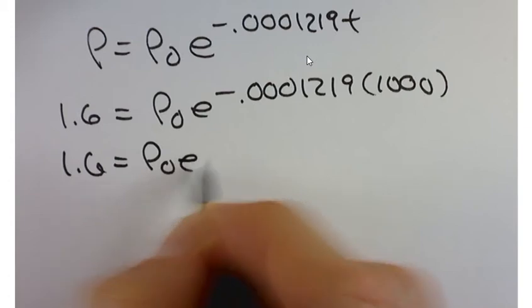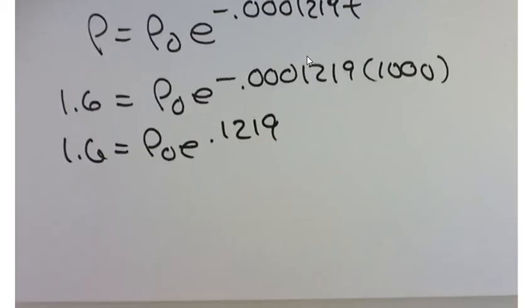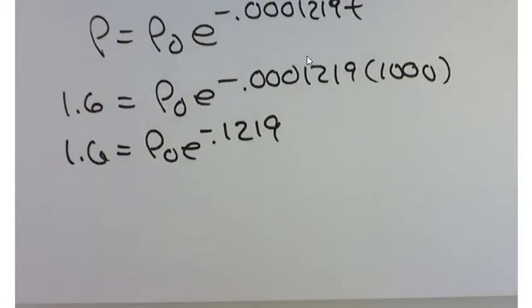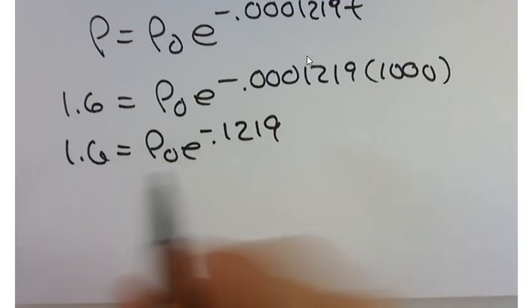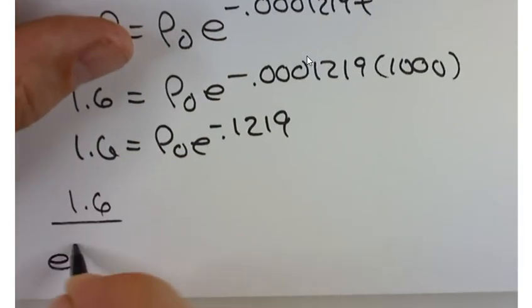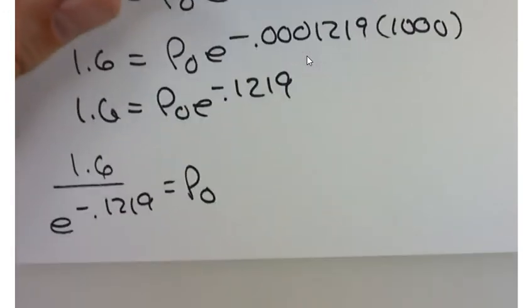You could do this on your calculator. There's a negative here still. If I want to solve for P sub 0, all I have to do is divide by this term. So I'm going to get 1.6 divided by e to the negative 0.1219 equals P sub 0.